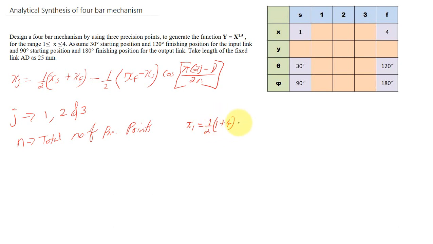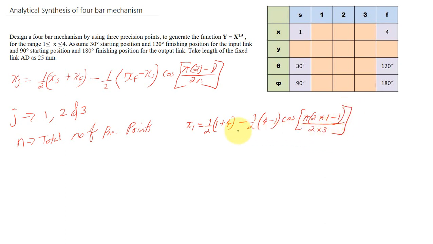So 1 plus 4, minus 1 by 2 into (4 minus 1) cos of pi into (2 into 1 minus 1) divided by 2 into n, with n equal to 3, so 2 into 3.